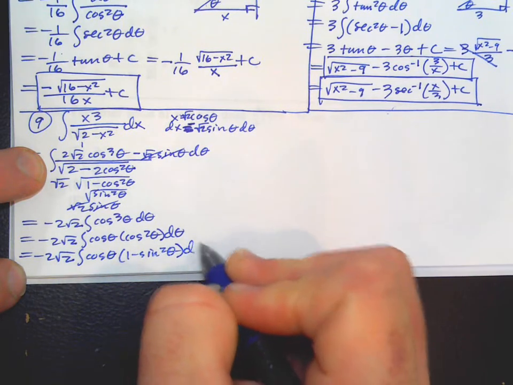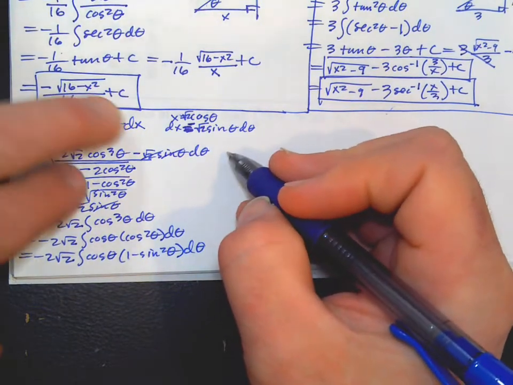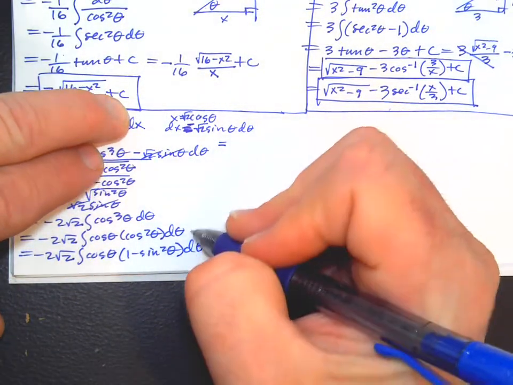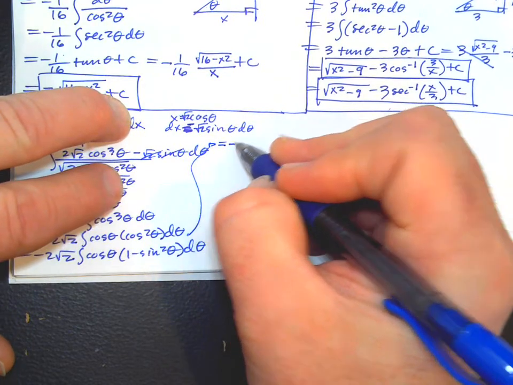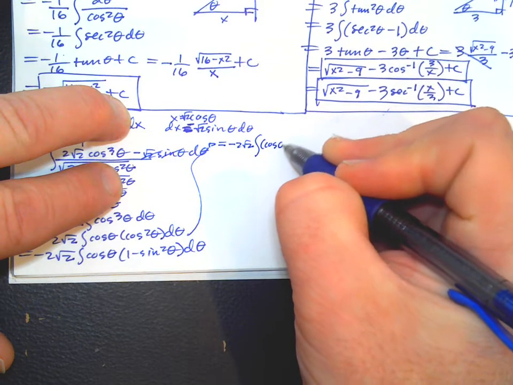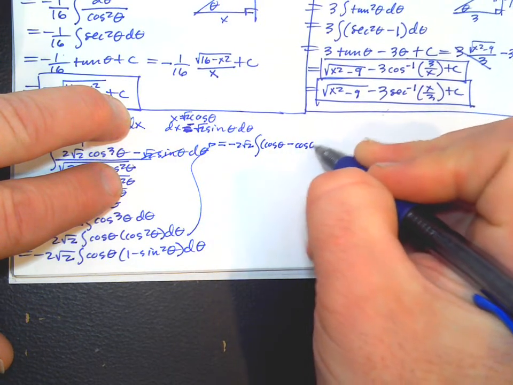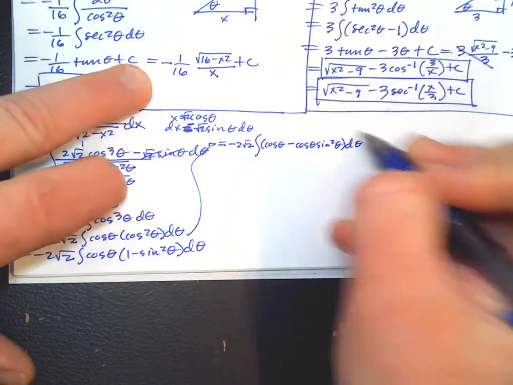Seems like we're making it unnecessarily messy, but it's going to work. And then from here, we have negative 2 root 2, and it's going to be the integral of cosine theta minus cosine theta sine squared theta d theta.